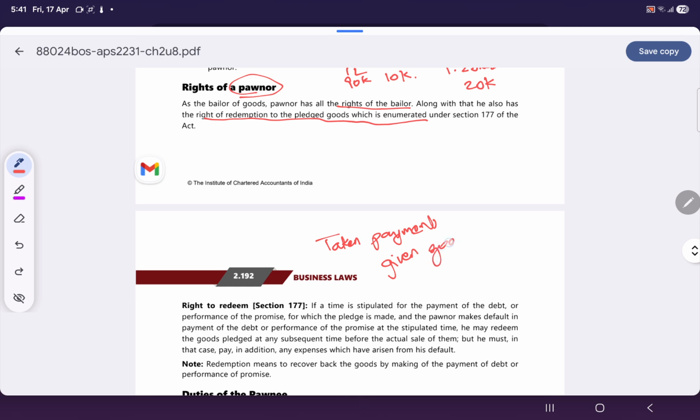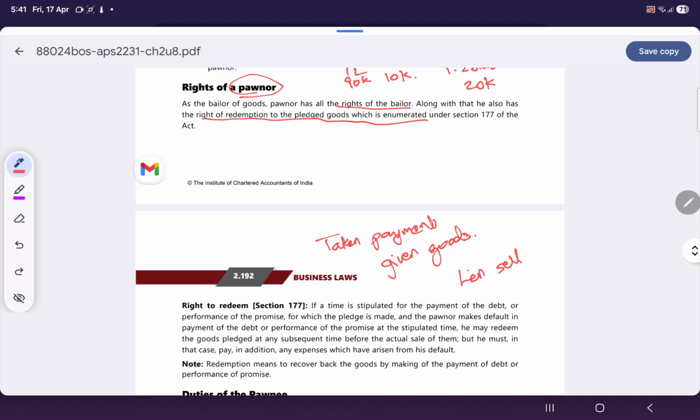Now he is making default in payment. So what will the pawnee do? Either he will retain the goods or he will sell. So before selling, the pawner is supposed to make the payment. He should make good the default.